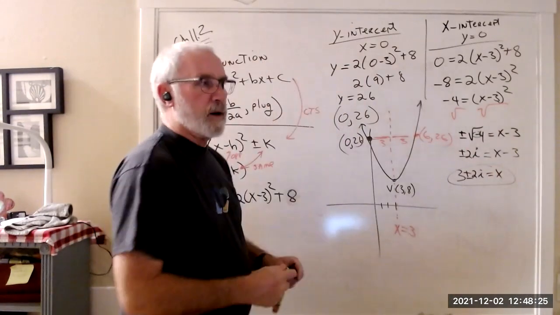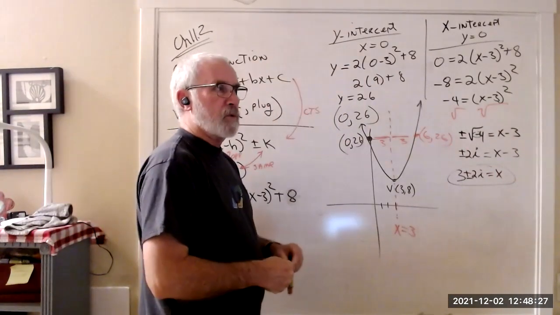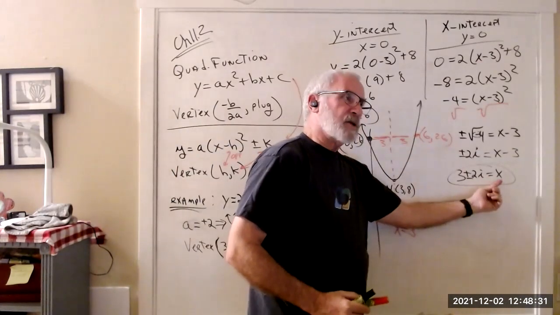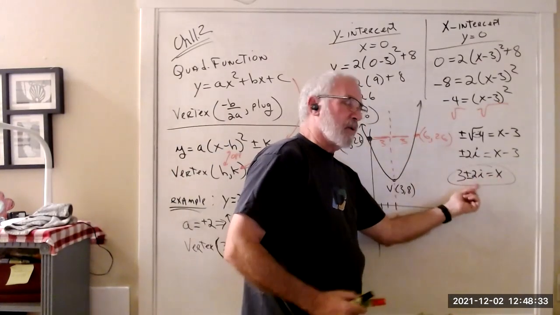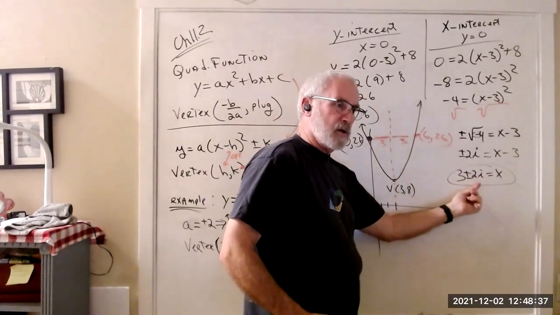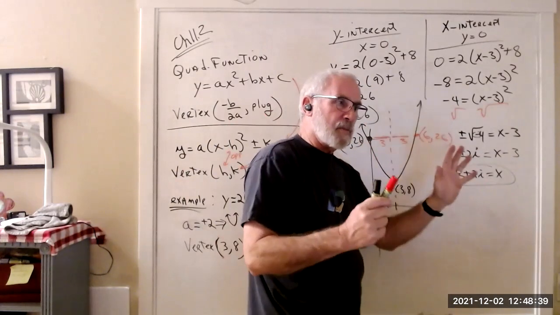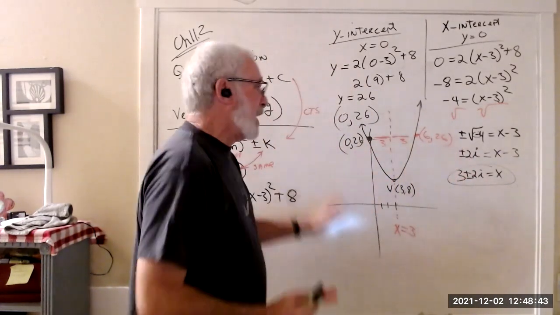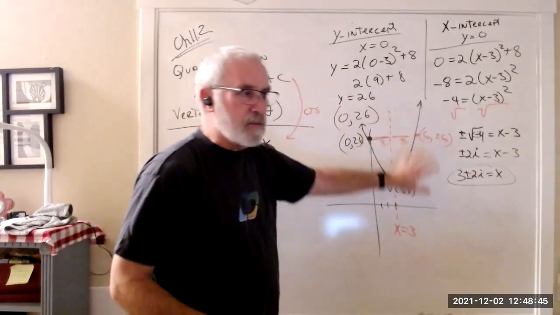Now, you could have quit a long time ago in this, but I want to show you something. X is an imaginary number. No problem. Actually, it's a complex number, but x is imaginary. Okay, no problem. Except when we're trying to graph. We can't graph imaginary numbers.